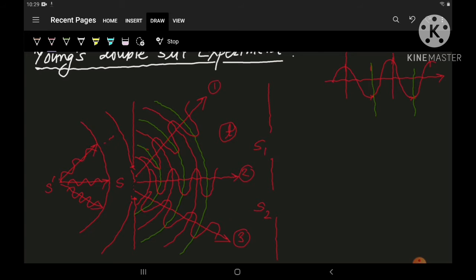Now slits S1 and S2 are situated such that S1 is equal to S2, means the separation of slit S from S1 and S2 are equal. Then what will happen when this wavefront is incident on S1 and S2? Suppose like this, then what will happen? Let us see.